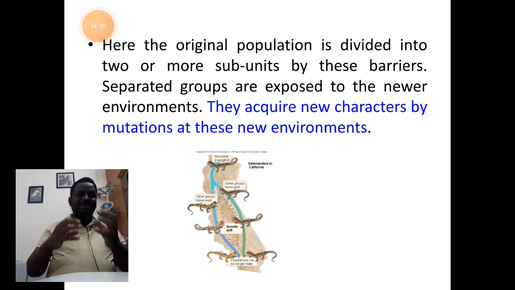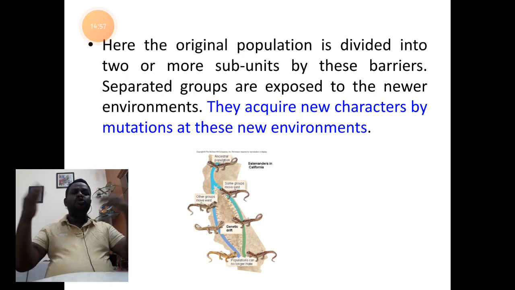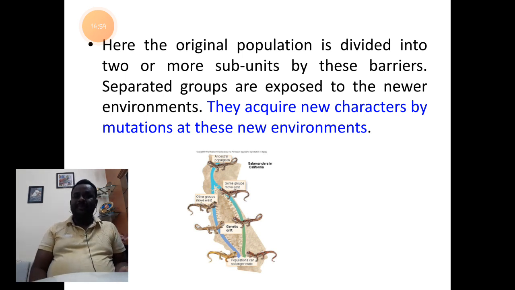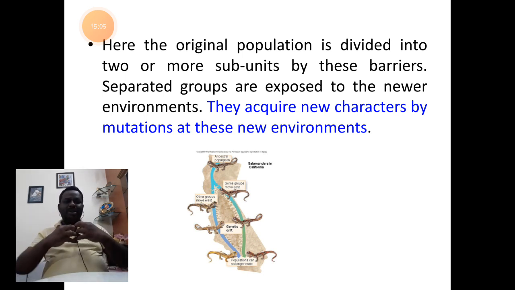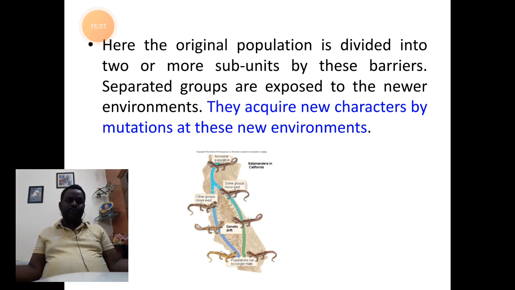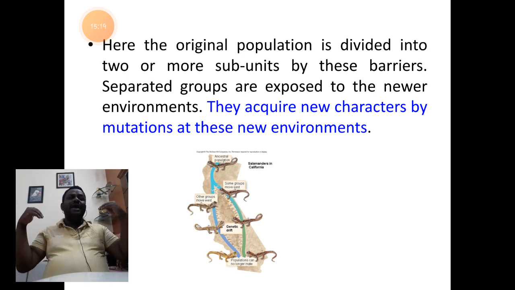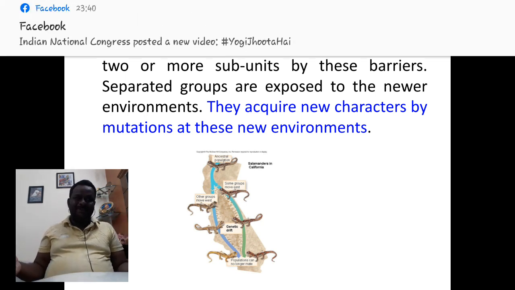Number two, the separated groups now get exposed to a newer environment. Got it? So first the group of original population is getting divided into two or a few small groups by means of barriers. And this group of population which has entered a different place now started getting exposed to a newer environment.